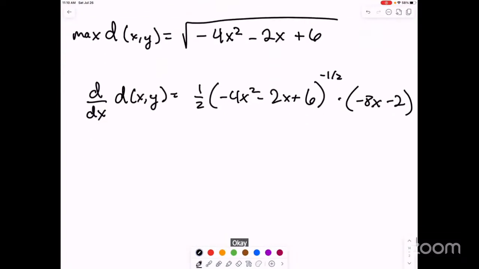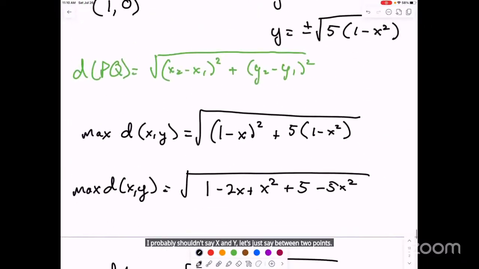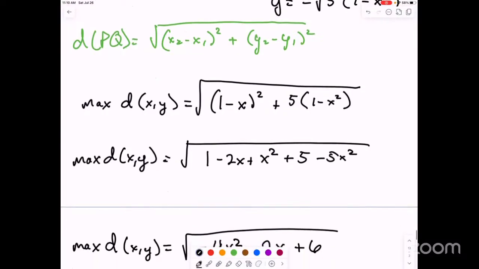Okay, let me kind of rewrite this. I'm just going to write it as d prime. I probably shouldn't say x and y. That should say between 2 points. I'm going to just call it p and q.